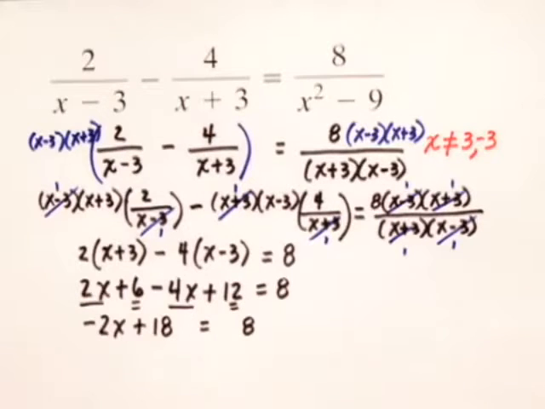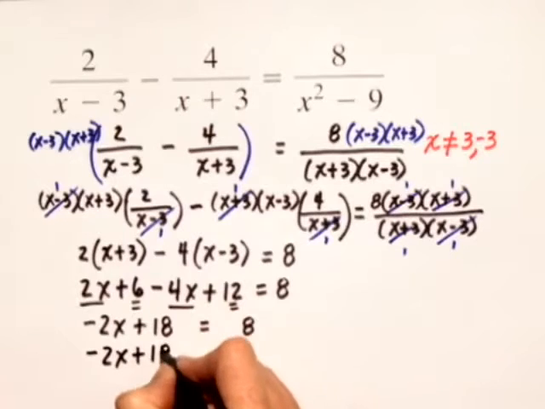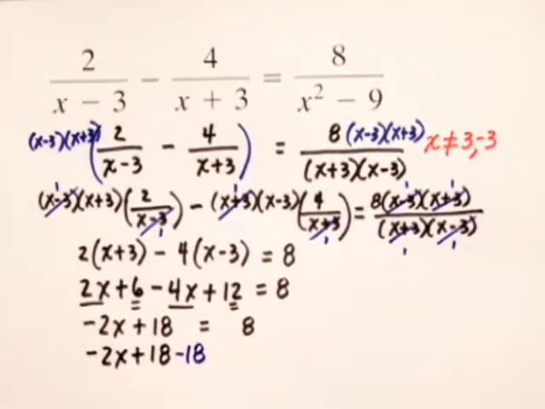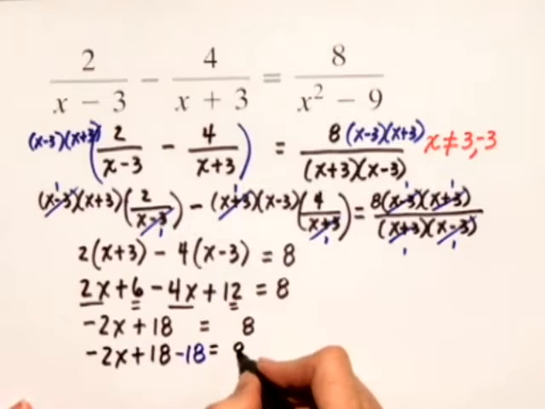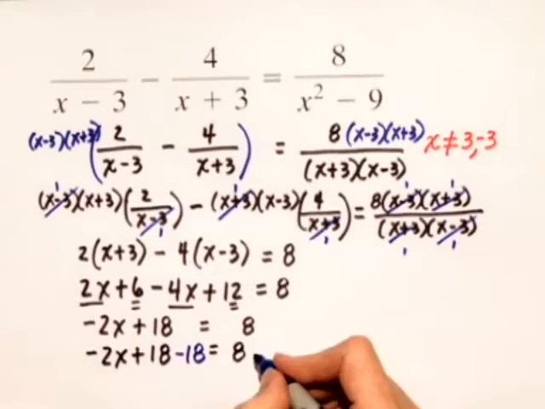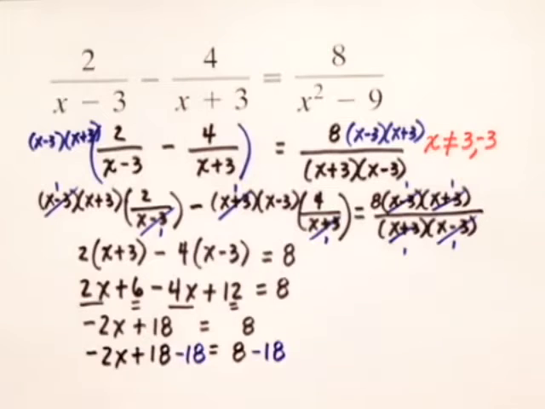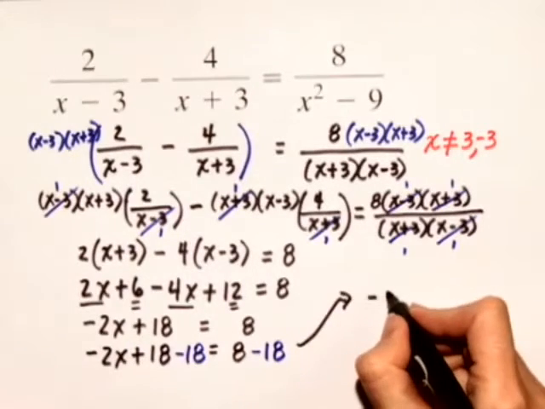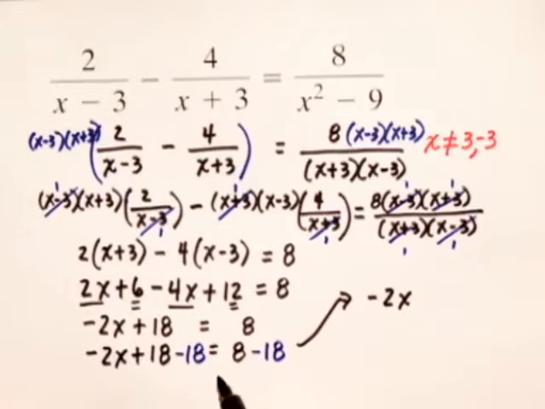Next, we'll subtract 18 from both sides of this equation. Negative 2x plus 18 minus 18 is equal to 8 minus 18. When we simplify this, we have simply negative 2x on the left-hand side.